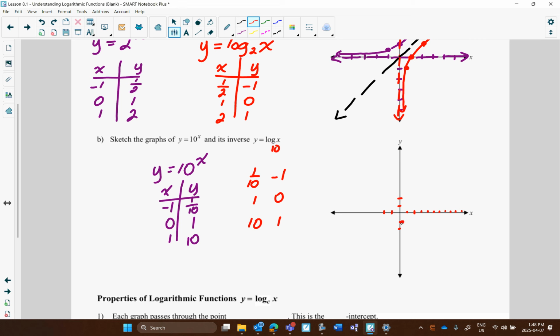So it'd be really close to here. 1, 0. Just like 0, 1 always exists on an exponential function, 1, 0 always exists on a logarithmic function. And then 10, 1, which is way out here. So you can see it takes a way sharper curve. But there's still a vertical asymptote here.